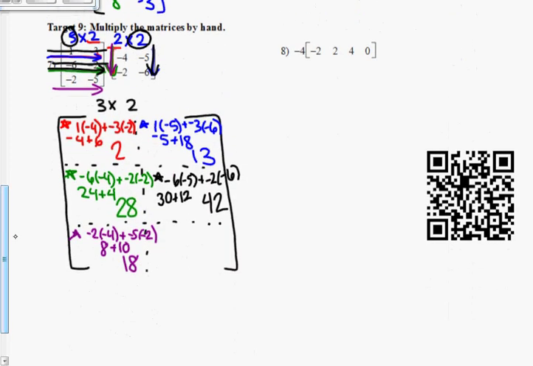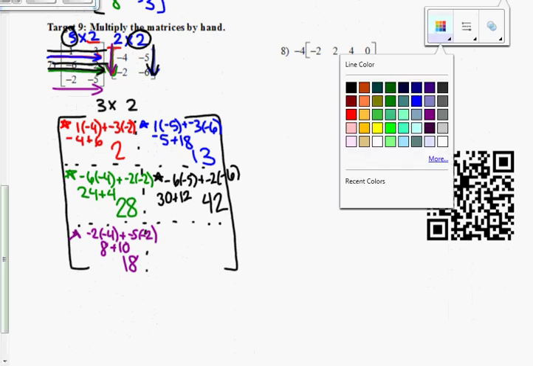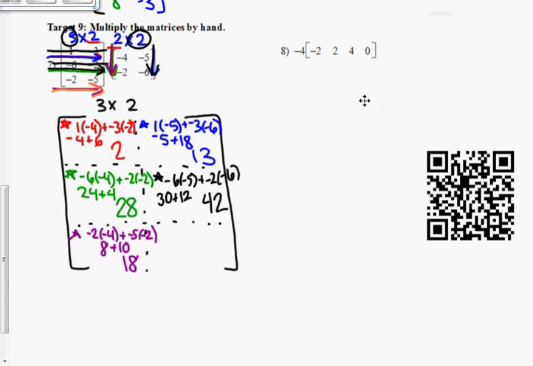My last value then, I'm going to be in my third row still. So I'm still using negative 2, negative 5. But now I'm over in column 2, so I use negative 5 and negative 6. So I'll do negative 2 times negative 5 plus negative 5 times negative 6.